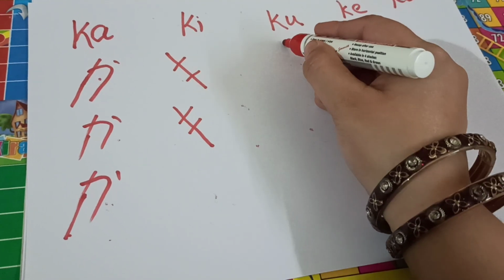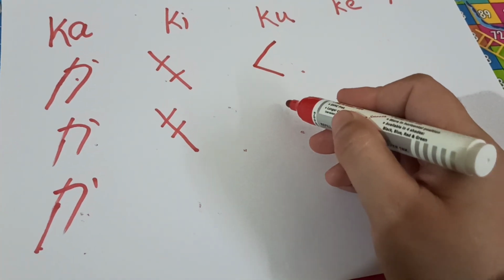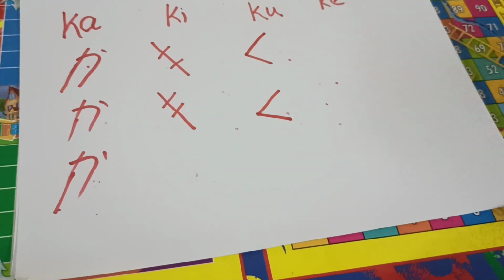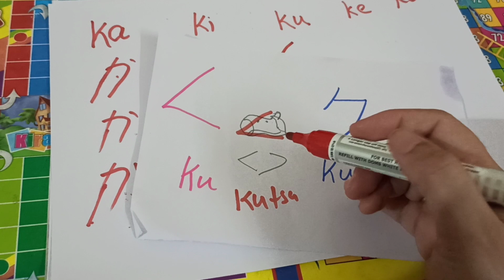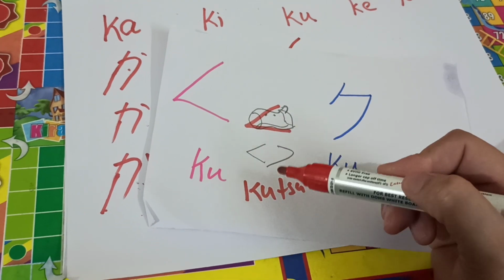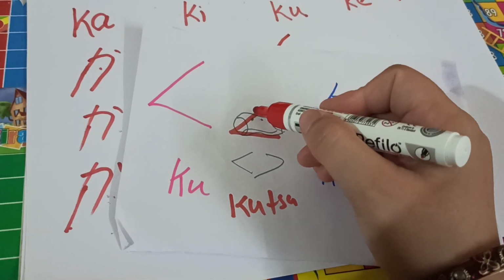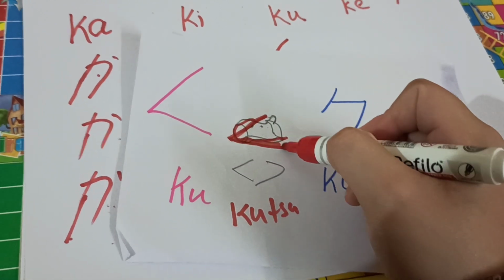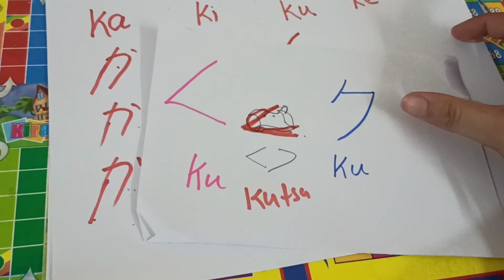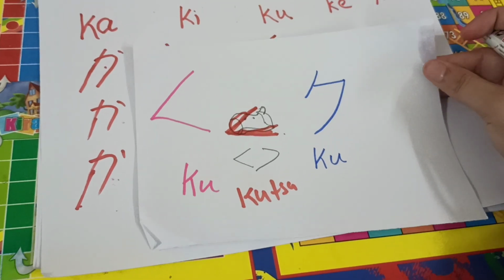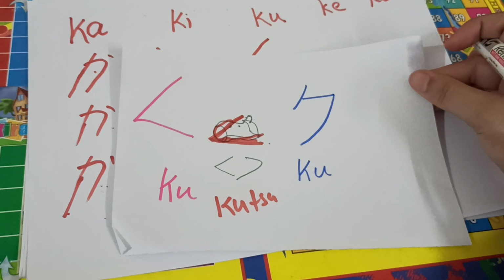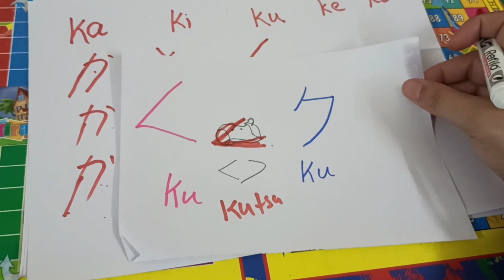Next one is Ku. Ku is Kutsu. Kutsu stands for shoes. So this is like shoes and this comes like this. Friends, my drawing is not so good, so please ignore this. Just remember the signs which I am telling you so that you can remember these characters easily.